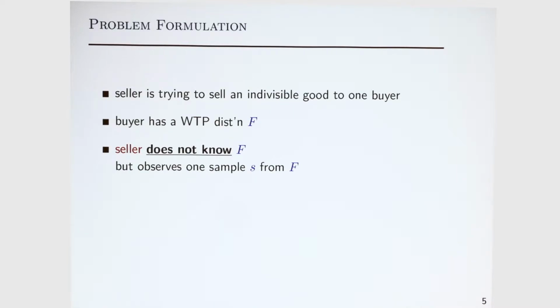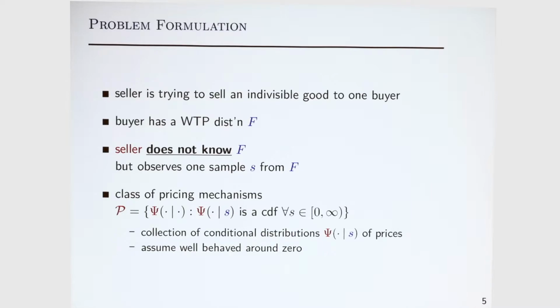And one way to formulate that is that the pricing strategies that we'll consider are randomizations over different prices that we could post given the sample. In other words, as a seller, I will observe a sample, then I can pick randomly different prices. I can pick a deterministic price as well as I can randomize over different prices. Here, the goal is that we allow for general pricing mechanisms.